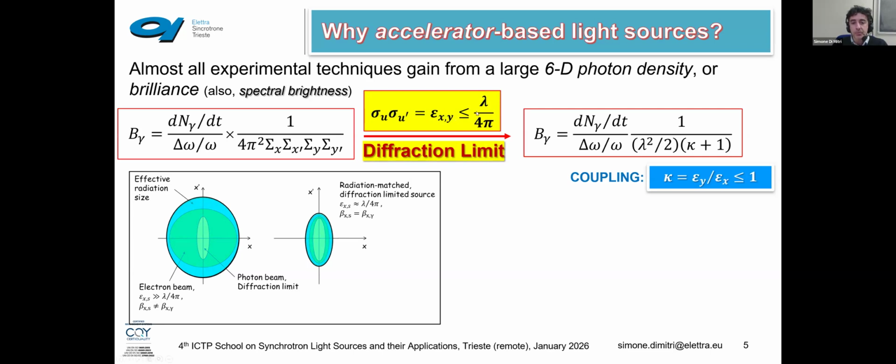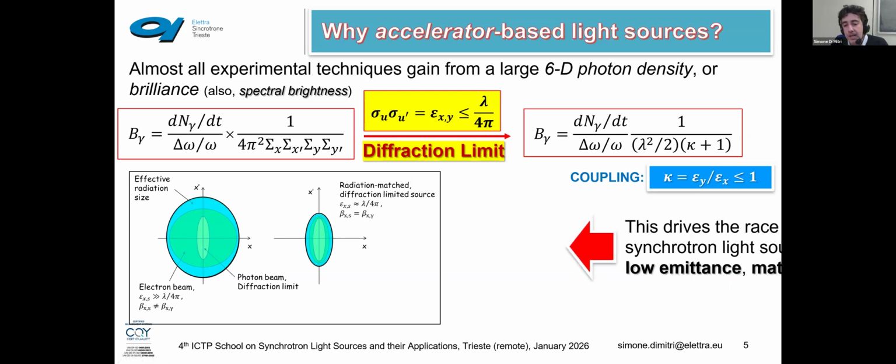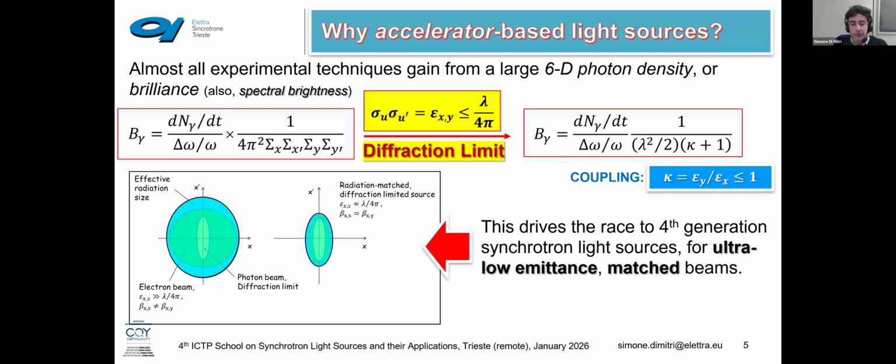This emittance has to be smaller than the characteristic wavelength of radiation you want to use for your experiment. Now, if this condition is satisfied, you maximize the brightness. You are basically matching in phase space radiation and electron beam, and you get the maximum performance of your facility.